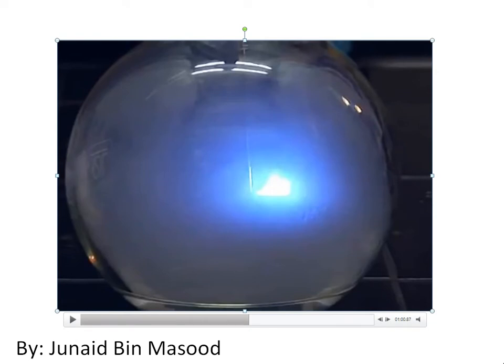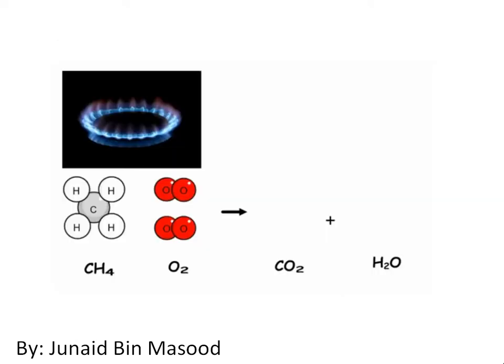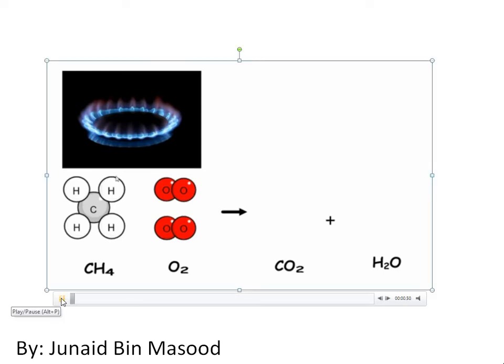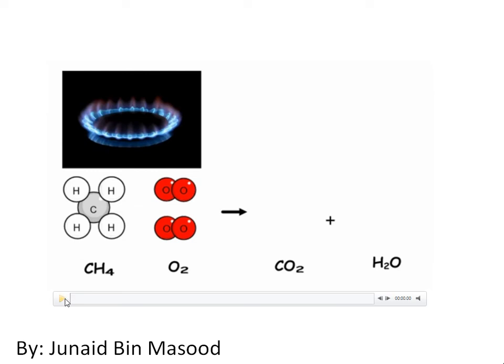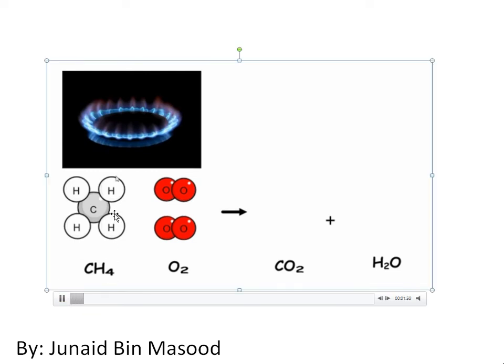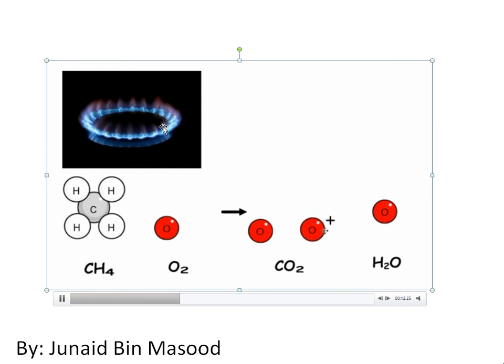Moving ahead, the next reaction is burning of natural gas. So basically the natural gas is methane. Methane is the natural gas, okay? And when you burn natural gas, this is what happens. In the presence of oxygen, methane burns, and this is how the atoms rearrange themselves, okay?